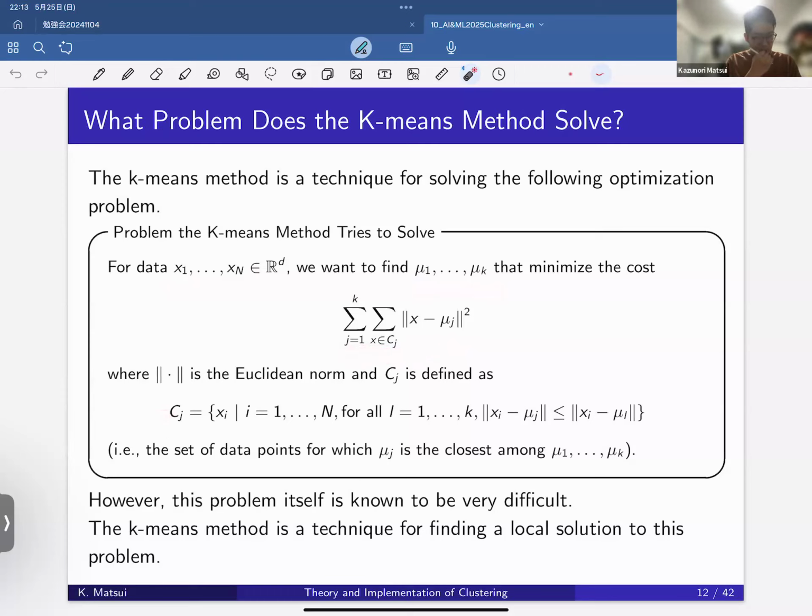This itself is known to be a very difficult problem. So the k-means method is a technique for finding a local solution to this problem.